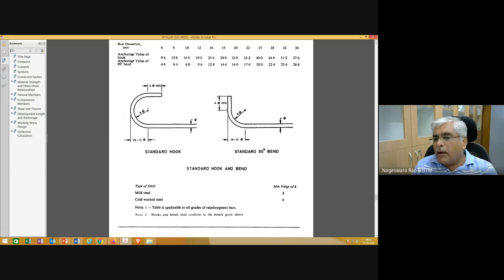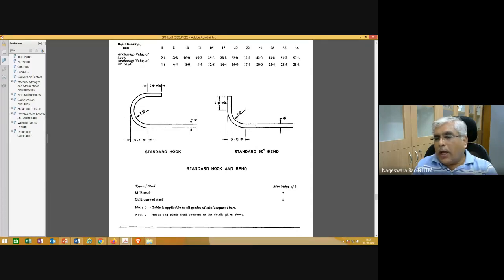Also, beyond this curved portion, I need to extend it a minimum of 4 times the diameter of the bar. If I do this, the equivalent anchorage value of the bend is going to be 8 times the diameter of the bar.